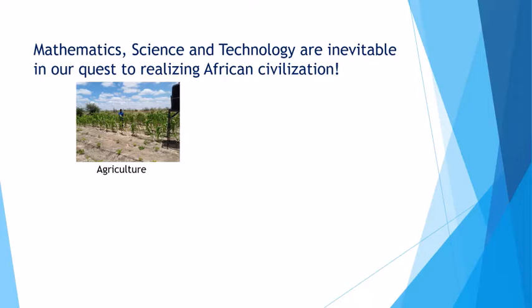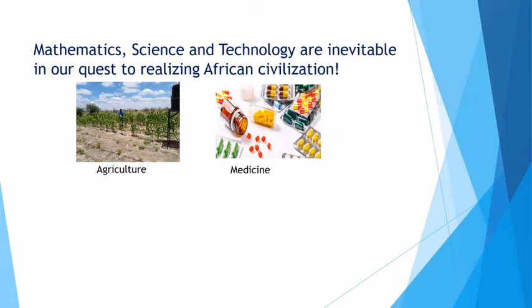We are still dealing with droughts, and we have not been able to produce sustainable food as a society. Mathematics, science, and technology are inevitable in finding solutions to revolutionize agriculture in order to make sustainable food. And also medicine.